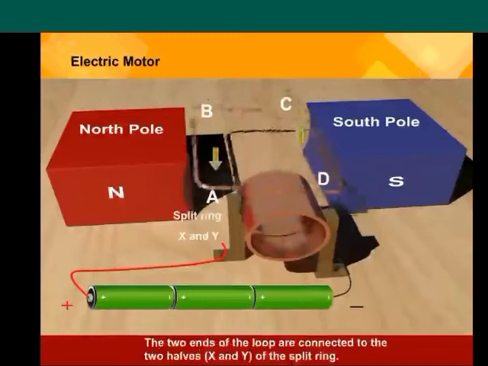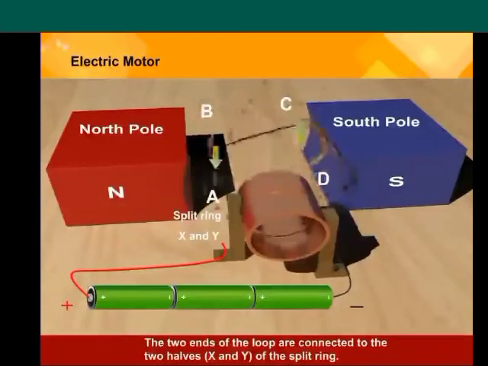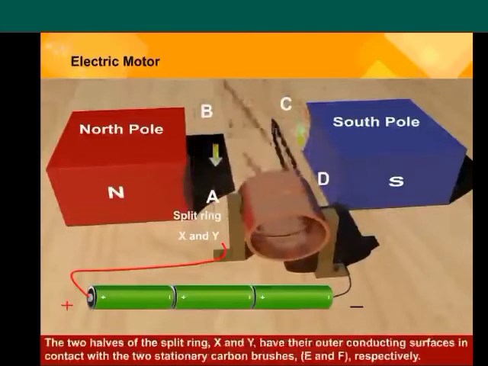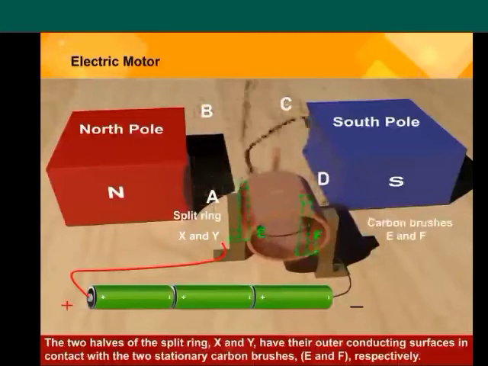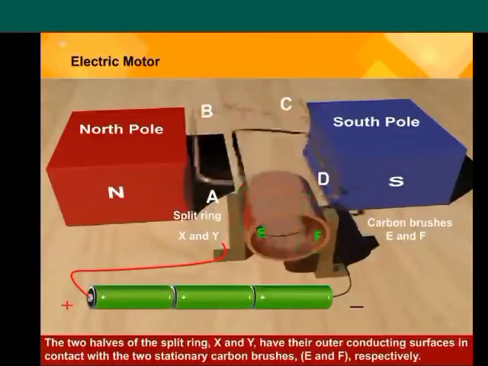The two ends of the loop are connected to the two halves X and Y of the split ring. The two halves of the ring have resistive coating on their inner surfaces and are tightly fitted on the axle. The two halves of the split ring X and Y have their outer conducting surfaces in contact with the two stationary carbon brushes E and F respectively.